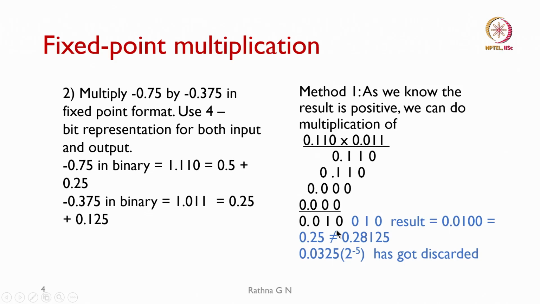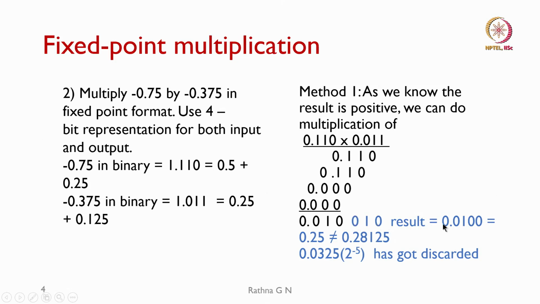So, the resultant, as you are seeing here, is 0.010010. Because I said input and output have to be in the 4 bit format, and we said we will be discarding the LSB bits, in this case these 3 bits are going to be discarded.